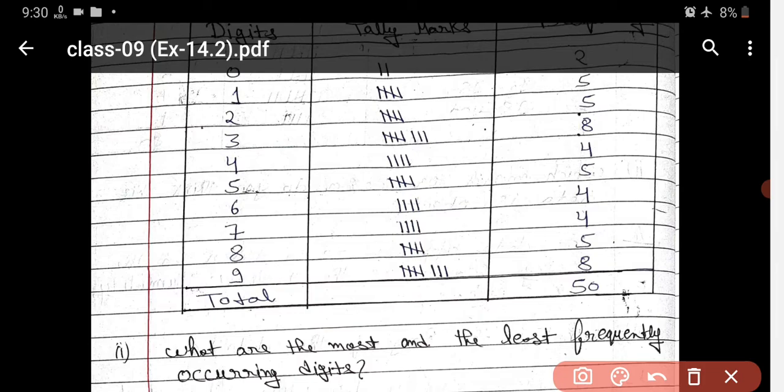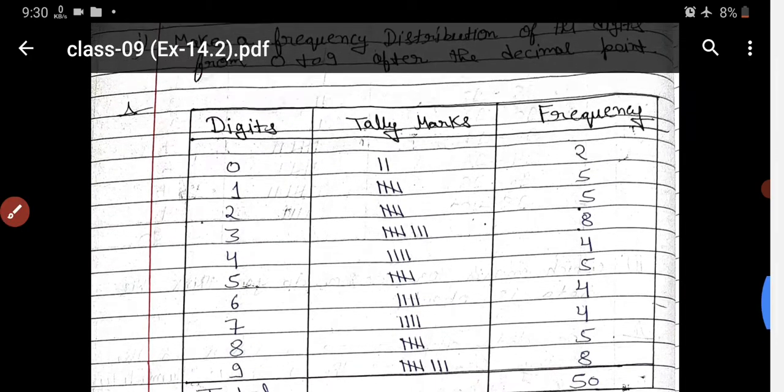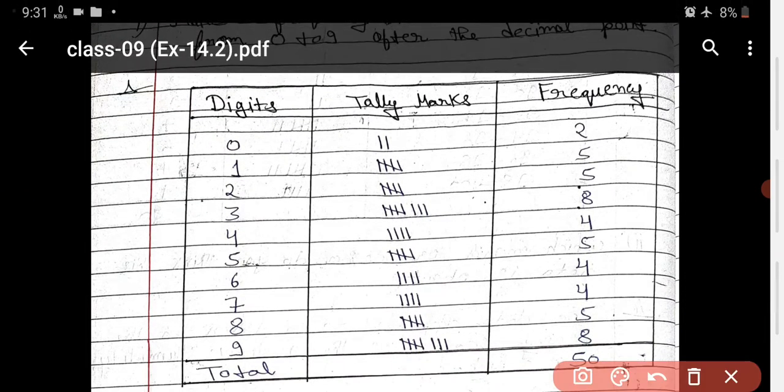Like that you have to write all the tally marks as I have made here already in advance. So for the first one you get here only 2. Digit 0 comes 2 times, digit 1 comes 5 times, digit 2 comes 5 times, digit 3 comes 8 times, digit 4 comes 4 times, digit 5 comes 5 times, digit 6 comes 4 times, 7 also comes 4 times, 8 comes 5 times, and 9 comes 8 times.